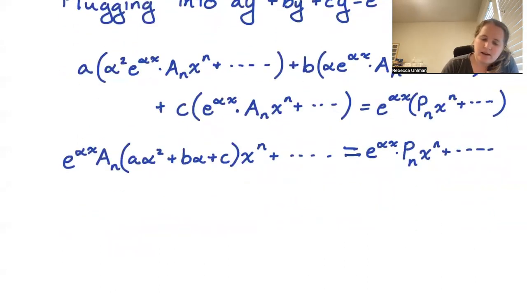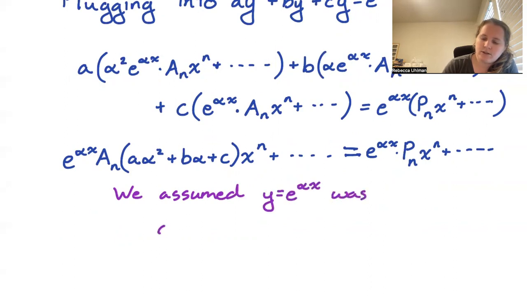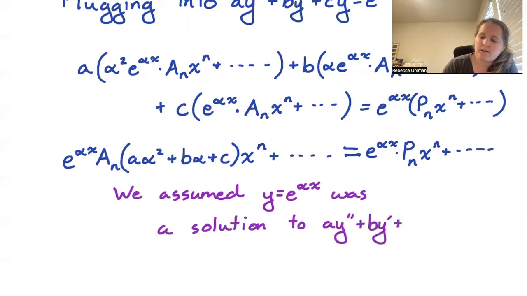But note, we assumed that y equals e to the alpha x was a solution to ay double prime plus by prime plus cy equals 0.